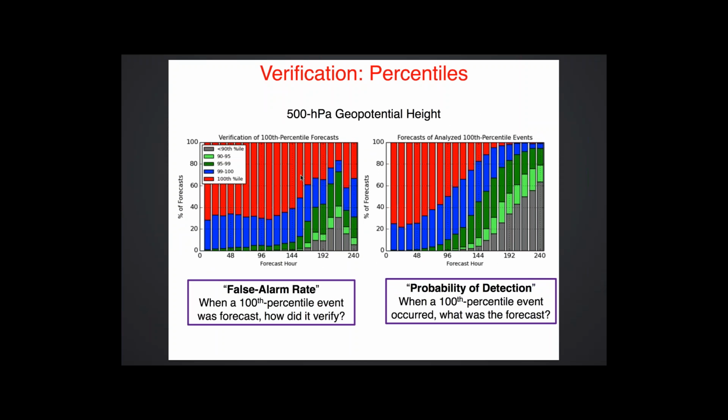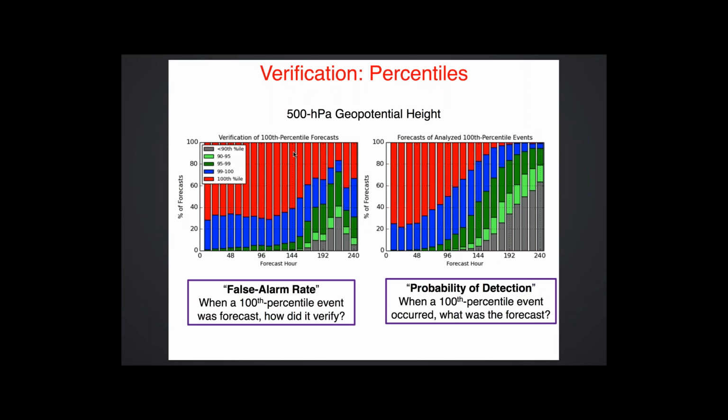Now on the bottom, we have these 2 plots that you see before you. So the bottom left plot can be interpreted as a false alarm ratio, or in other words, when a 100th percentile event was forecast, how did it end up verifying? So if we look at the example of, say, the 144-hour forecast for 500 millibar heights, when a 100th percentile event was forecasted, we can see that almost 60% of the time, that's what ended up occurring.